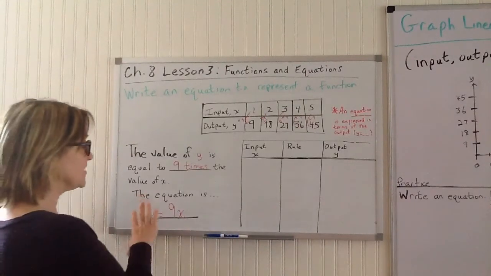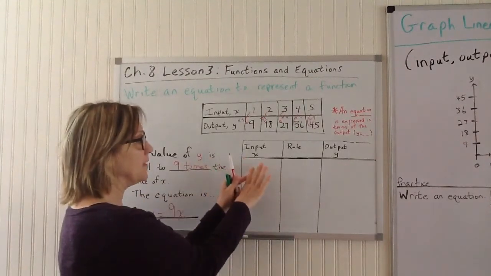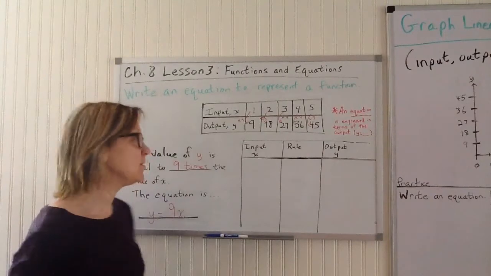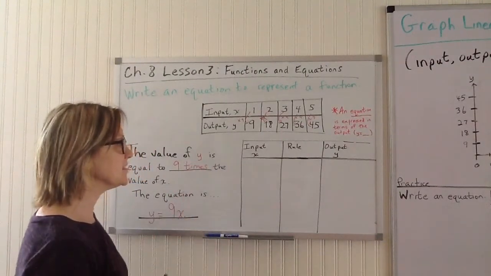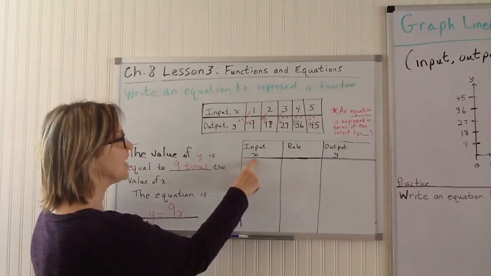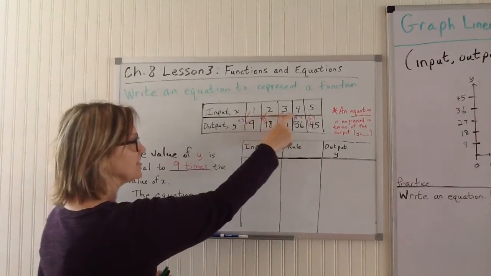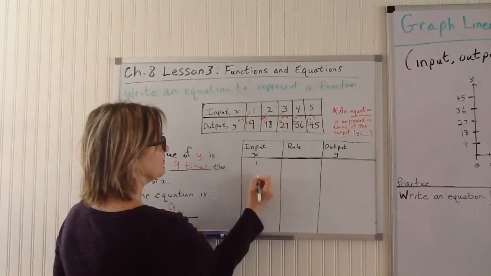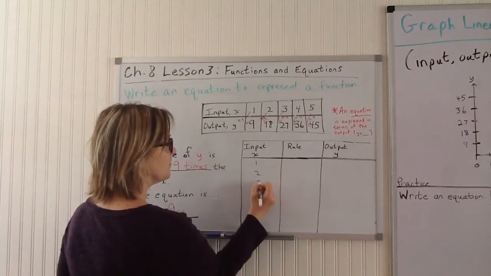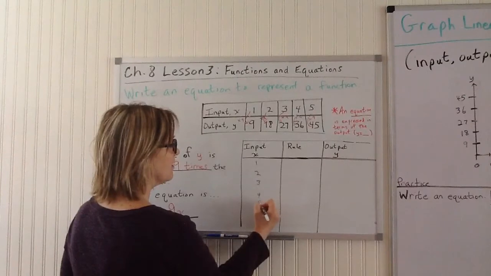So I'm going to put this into my input-output table, and we're going to see how this rule works in this table. So my input is x, so you can see all my x's here. I will write in all my x's first. 1, 2, 3, 4, 5.